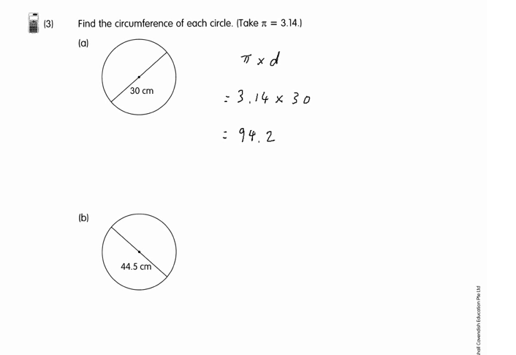As long as they never say correct to how many decimal place, you do not act smart and do the rounding off yourself. Do you understand or not? If there's 3 decimal place, you write down 3. If there's 4, you write down 4. Okay, I haven't even written ANS. So write down ANS: 94.2 cm.